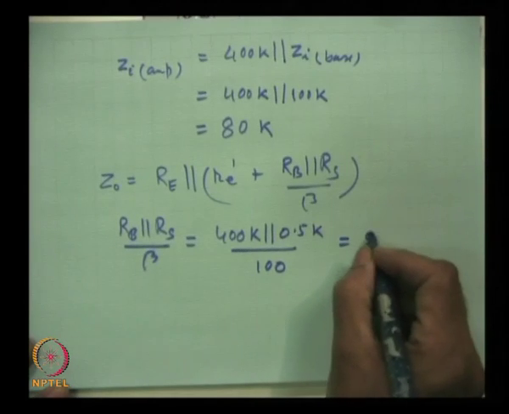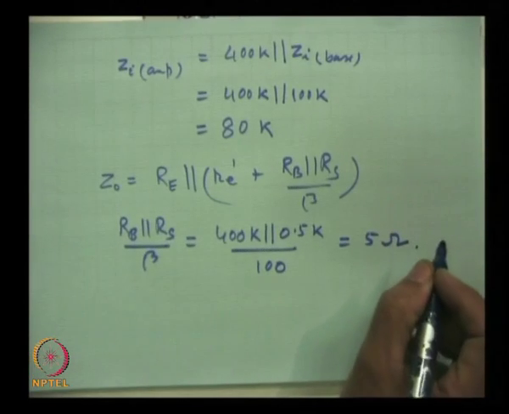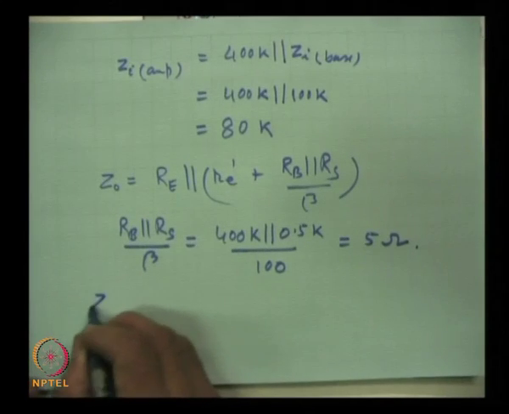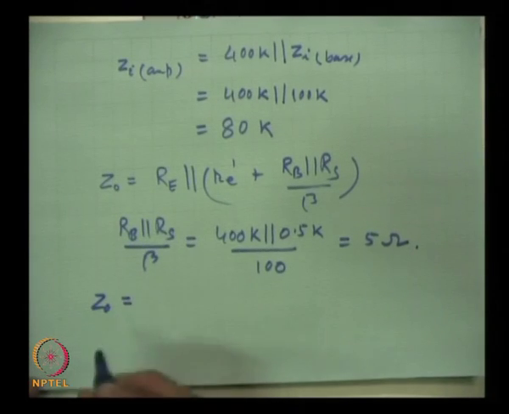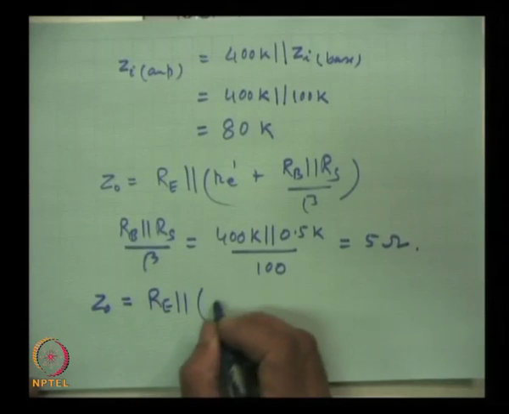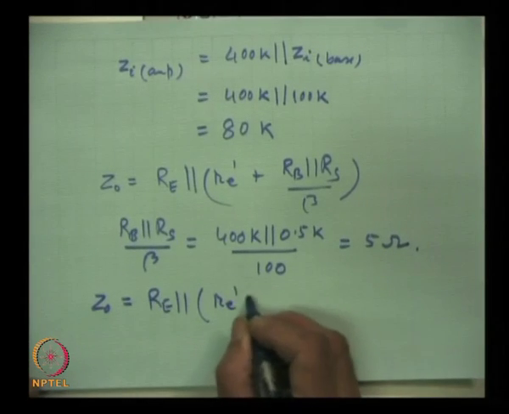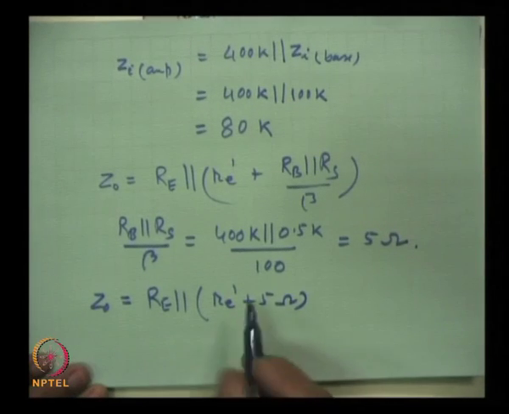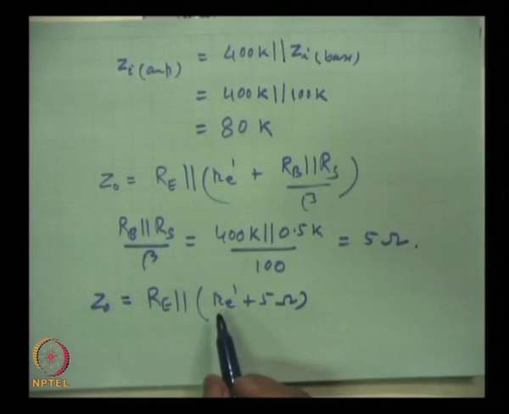So, it comes out to be 5 ohms. Substitute it here, Z0 is Re in parallel with Re prime plus 5 ohms. This is also given 5 ohms here.